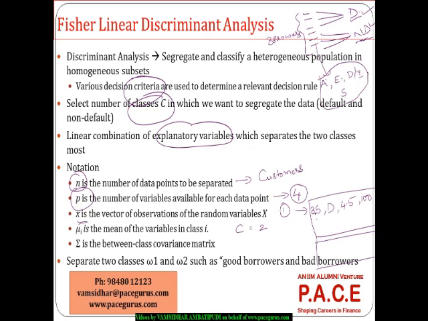So I'm trying to find the mean of age, the mean of debt. That is what I'm calling mu i. And between the classes, whatever covariance exists, that is what I'm calling sigma. Here my objective is to separate the 2 classes, omega 1 and omega 2. Probably I'm calling omega 1 good borrowers and omega 2 bad borrowers.